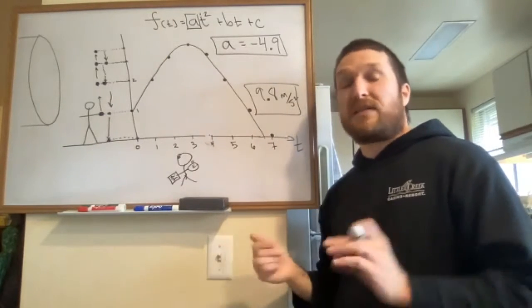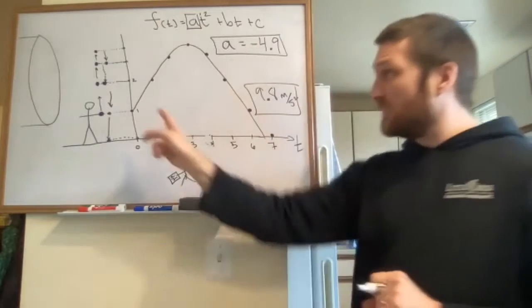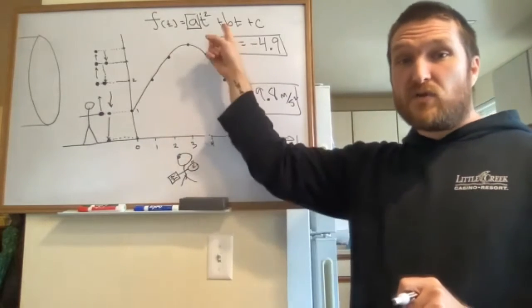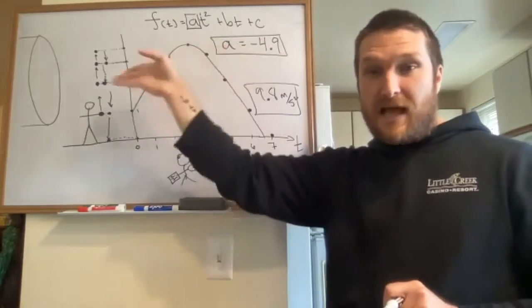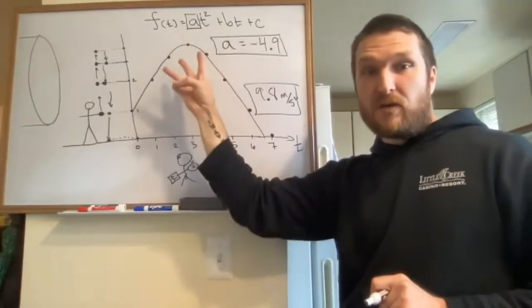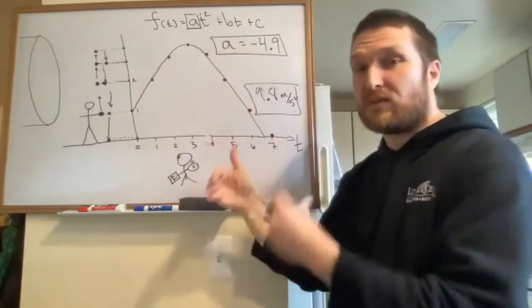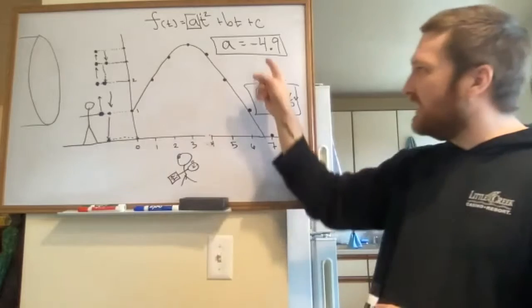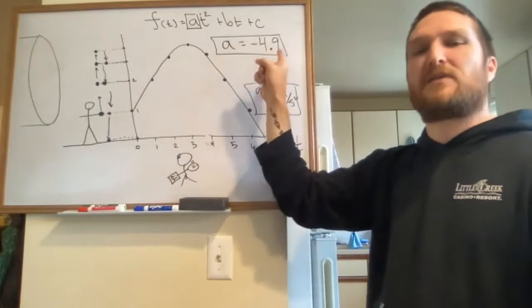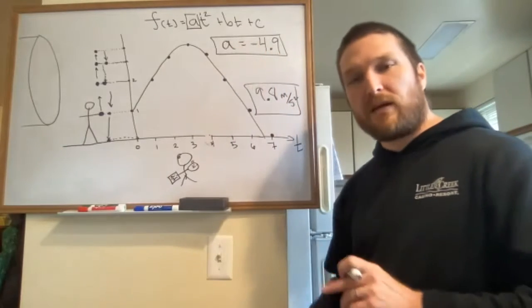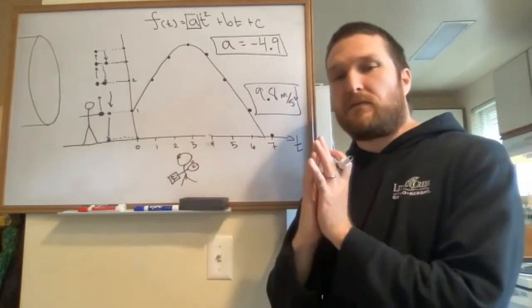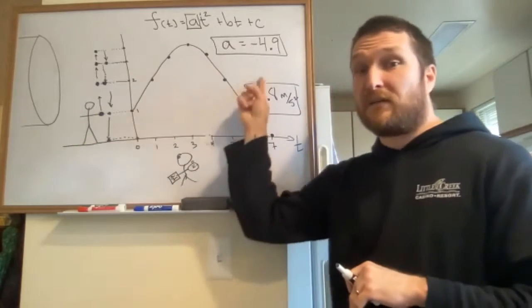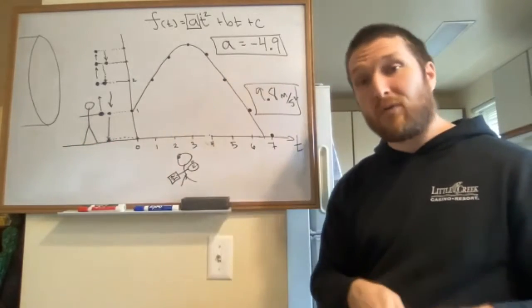And we noticed, hey, every time you take these data points and you plug in the time and you get out the height and you take 3 of those points and solve, every single time we ended up with an A value that was very near minus 4.9. And we averaged all 1,000 of those trials, and we found, yep, minus 4.9 always works.